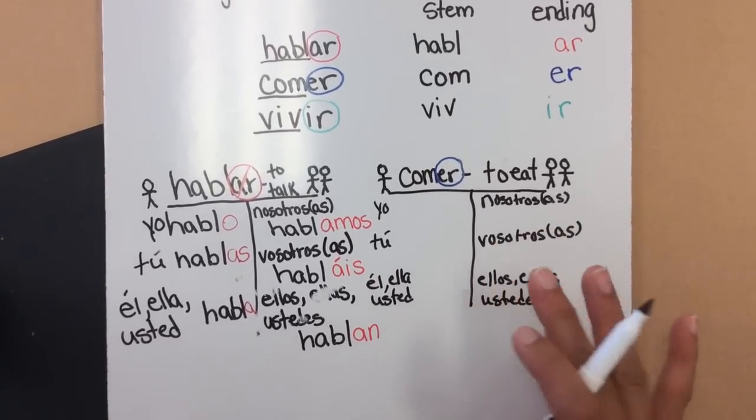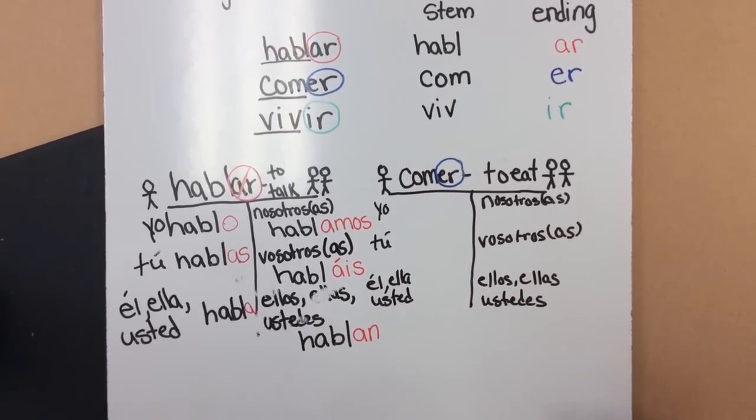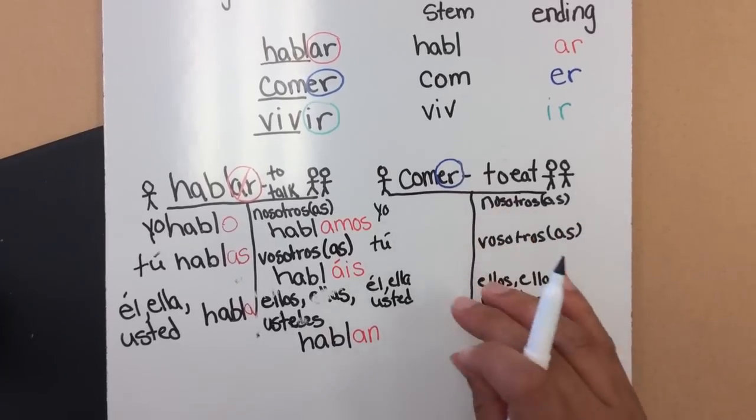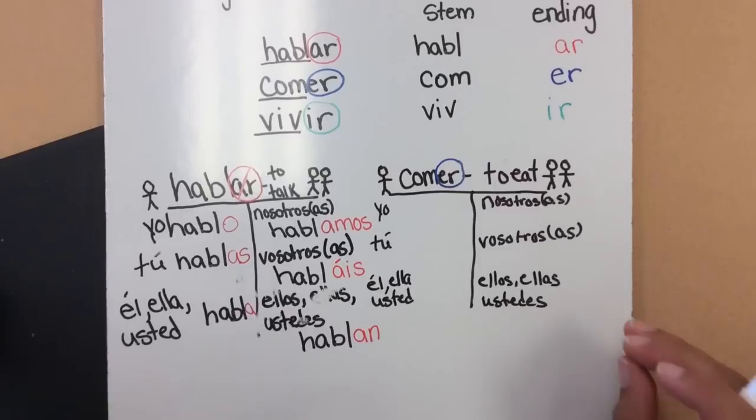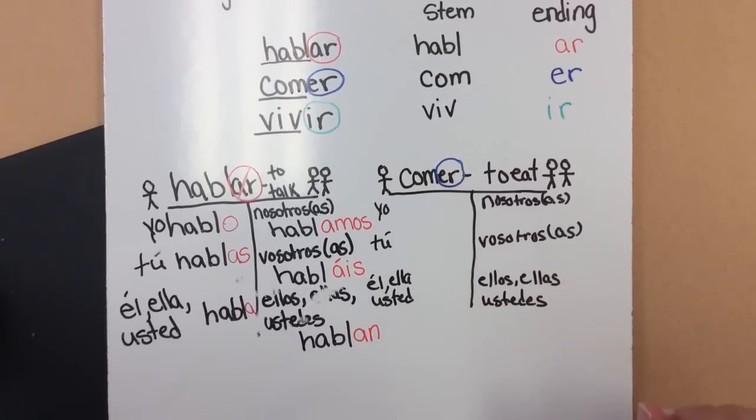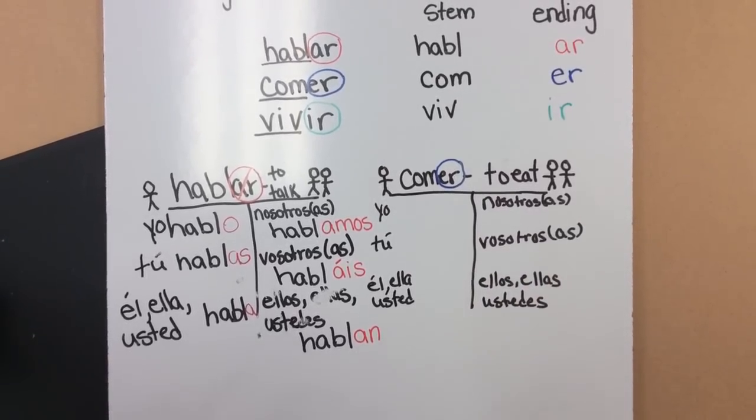My suggestion to you, now that we are conjugating, is for you to keep writing these subject pronouns to remind you. You want to know these like the back of your hand.